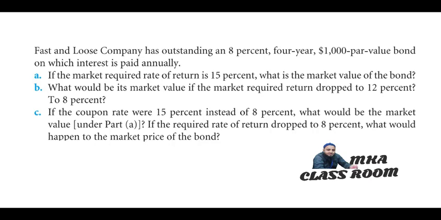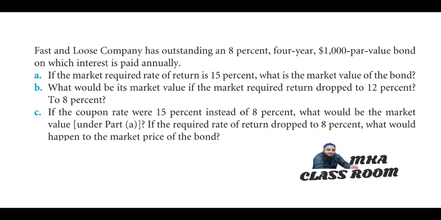So here I said 8% coupon rate, 4 years to maturity, 1000 par value bond, and interest is paid annually. That means the 8% coupon rate is paid annually. If the market required rate of return is 15%, what is the market value of the bond?